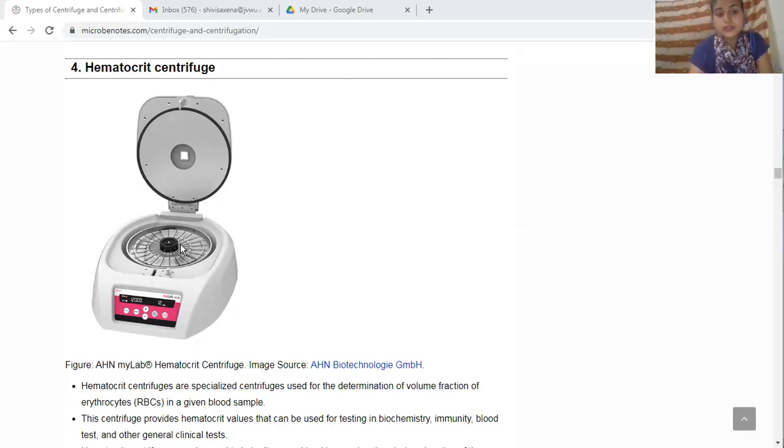Hematocrit centrifuges are specialized centrifuges used for the determination of the volume fraction of erythrocytes in a given blood sample. The centrifuges provide a hematocrit value that can be used for testing in biochemistry, immunity, blood tests, and other general clinical tests.